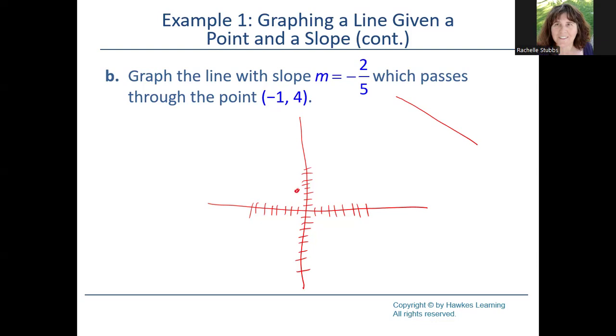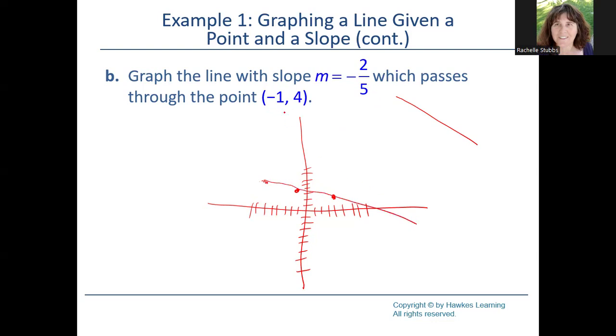So right there. Then from that point, I can move down 2 and to the right 5. So that would be right here. Or I can move up 2 and to the left 5. And then basically I'm right here.